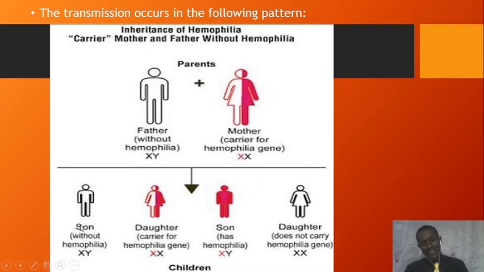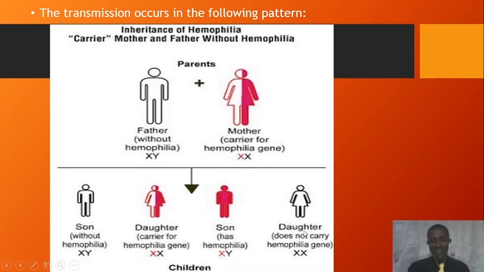Now, the other son was lucky enough. He did not get the X chromosome that carries the defect. He got the X chromosome that has the platelet gene. In your crossing, you will find out how this boy was able to escape this disease.